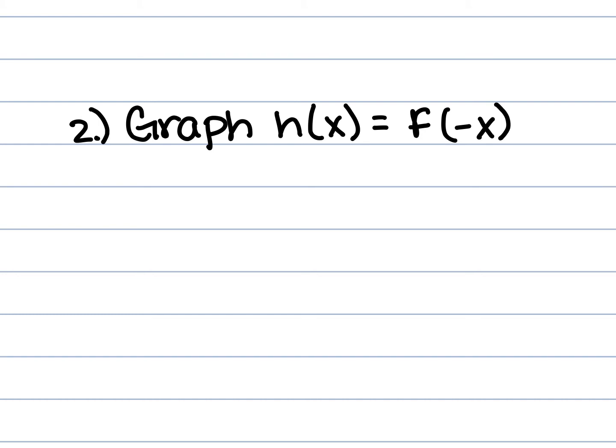This is still a reflection, correct? But what kind of reflection? Horizontal. Because the negative is where? Inside the parentheses. So this is a horizontal reflection. And if you horizontally reflect something, what axis are you reflecting over? The y-axis.